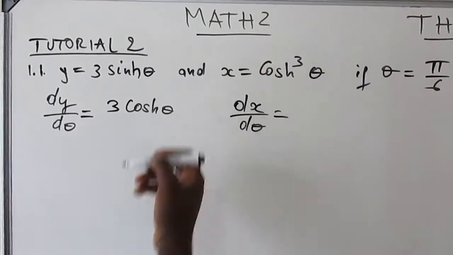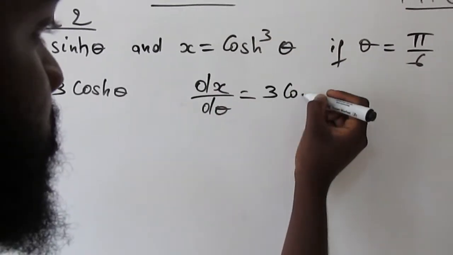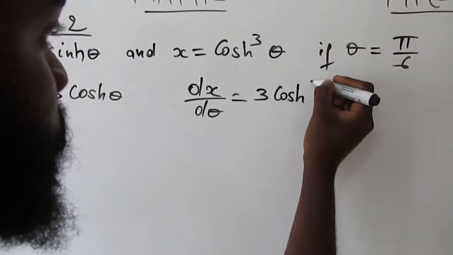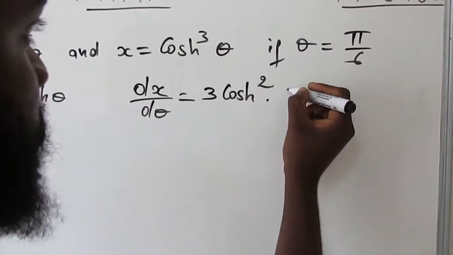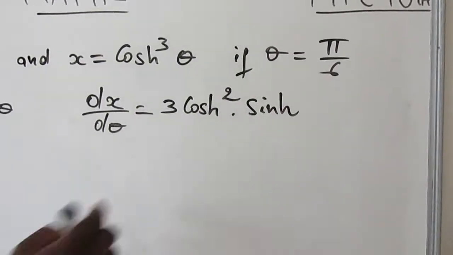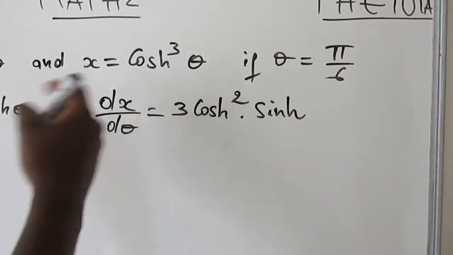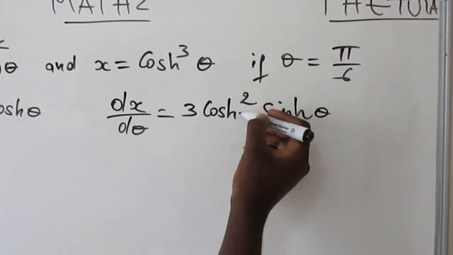This is chain rule. The 3 comes down, okay? Then cosh to the power 3 minus 1, that is cosh squared, multiplied by what? By sinh. Alright, so this is the derivative of x, sinh of theta.